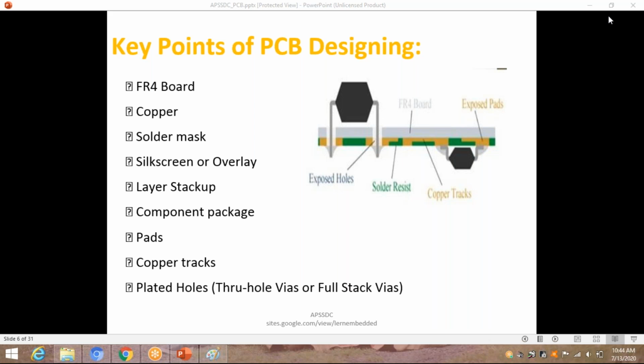Solder masking is a protective layer, usually in green color. Every PCB is protected by a layer called solder mask. Solder masking is used to protect the tracks. Is it clear, guys? Yes, sir.